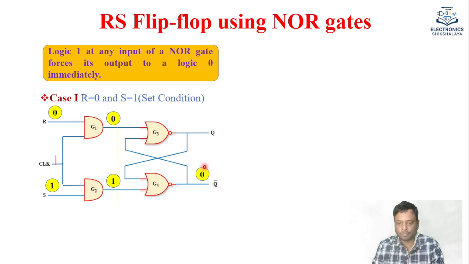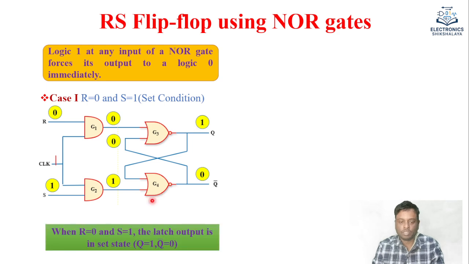Q bar is connected to one of the inputs of G3. G3 accepts the inputs 0 and 0, so the output is 1. This condition is called the set condition. When R equal to 0 and S equal to 1, the latch output is in the set state, that is Q equal to 1 and Q bar equal to 0.